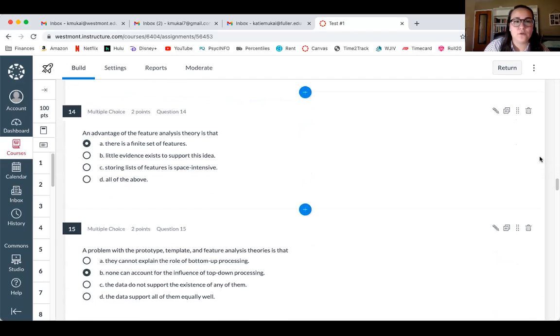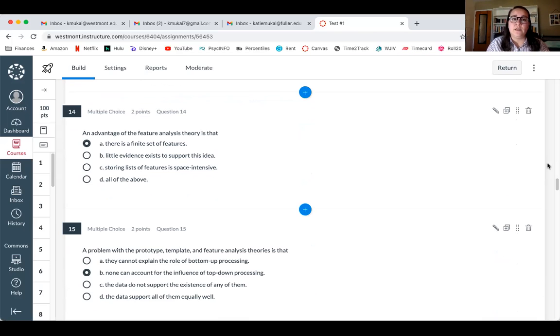Okay, and then for 14, an advantage of the feature analysis theory is that, again, you'll remember that feature analysis grew out of the critiques of template matching. Feature analysis was looking at this critique of, well, there are so many templates that you can look at, and was able to narrow it down and become more efficient in its proposal of how we go about perceiving the world.